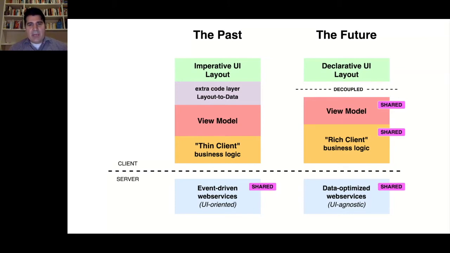So it was expensive to have business logic in the client because it required replication. With a multiplatform approach, we have the advantage of being able to write client-side logic just once and reuse it in all the platforms. So this makes it very inexpensive to write client-side logic.